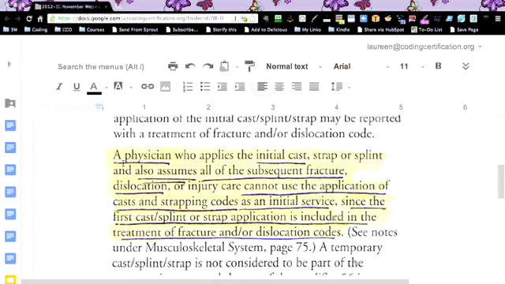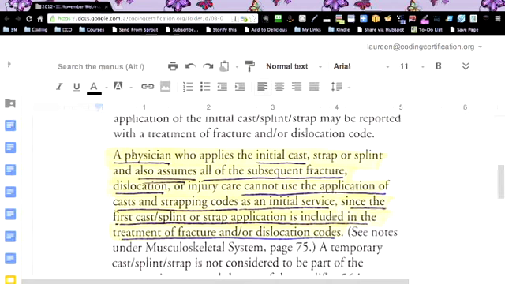But if they don't assume the subsequent care like the specialist would, it's okay for them to go ahead and bill that. And it's okay for the subsequent specialist to include the initial casting and strapping in their restorative treatment code. But the repeat ones or the cast changes, they can bill for separately.